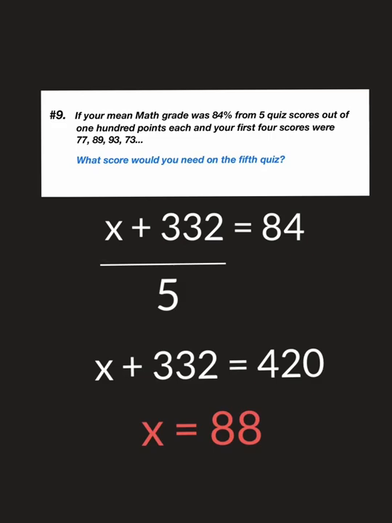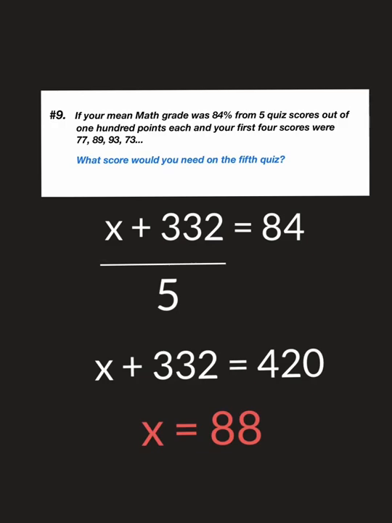Now, in the beginning of this video, one of the things I made very clear was to check your answers and make sure they make sense. This is a great part, because everybody in class knows how to find the average. Take the 4 numbers they give you in the math problem. Take your answer that you got. Take 77, add it to 89 and 93 and 73, and then add 88.